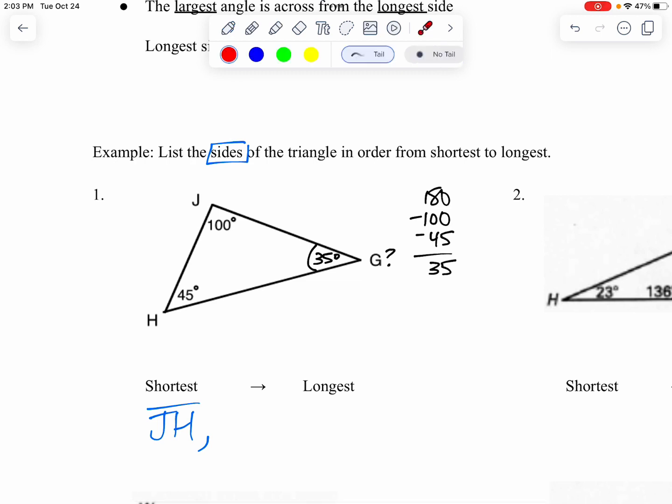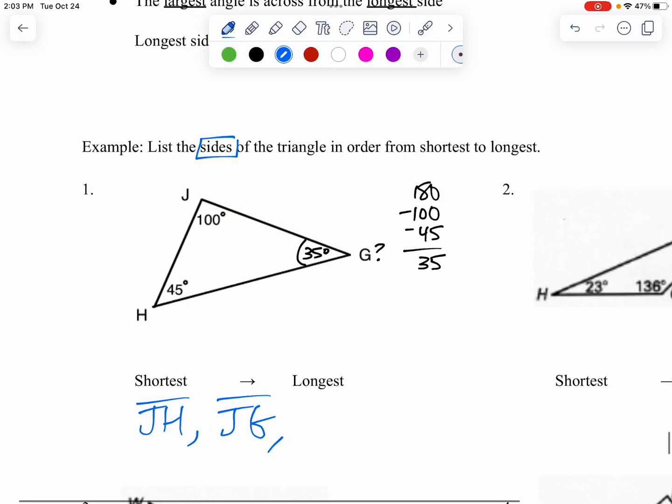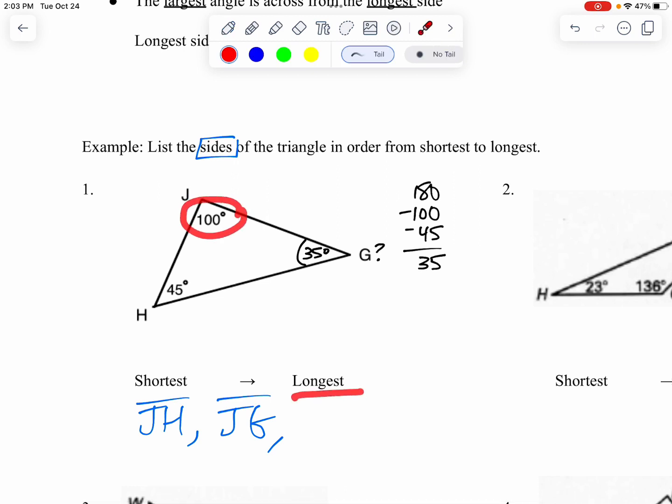Now let's do the middle one. 45 is the next smallest. And this is an angle, and it happens to be across from the medium or the middle side, which is labeled between J and G. And I'm putting little segment bars over the top. My biggest angle right here is going to be across from my biggest side. This is my biggest side, HG, so I'm going to put HG.